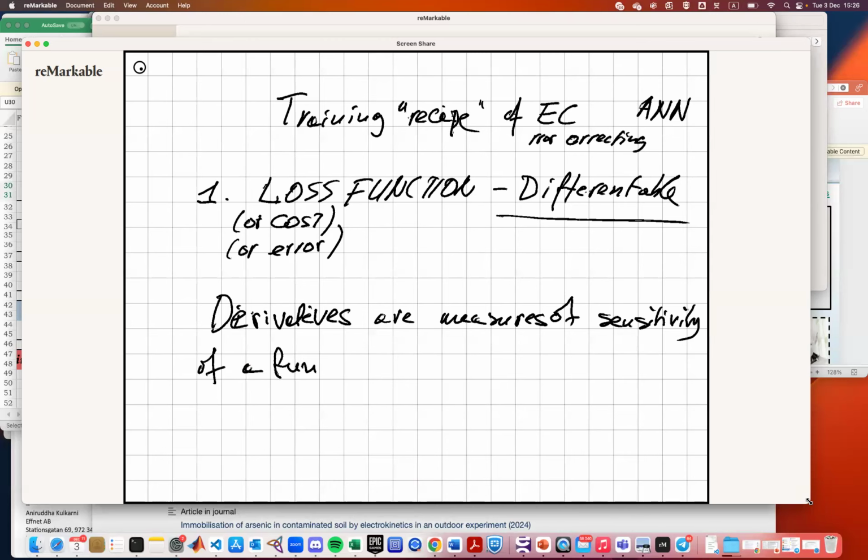So now we talk about any function and a variable.